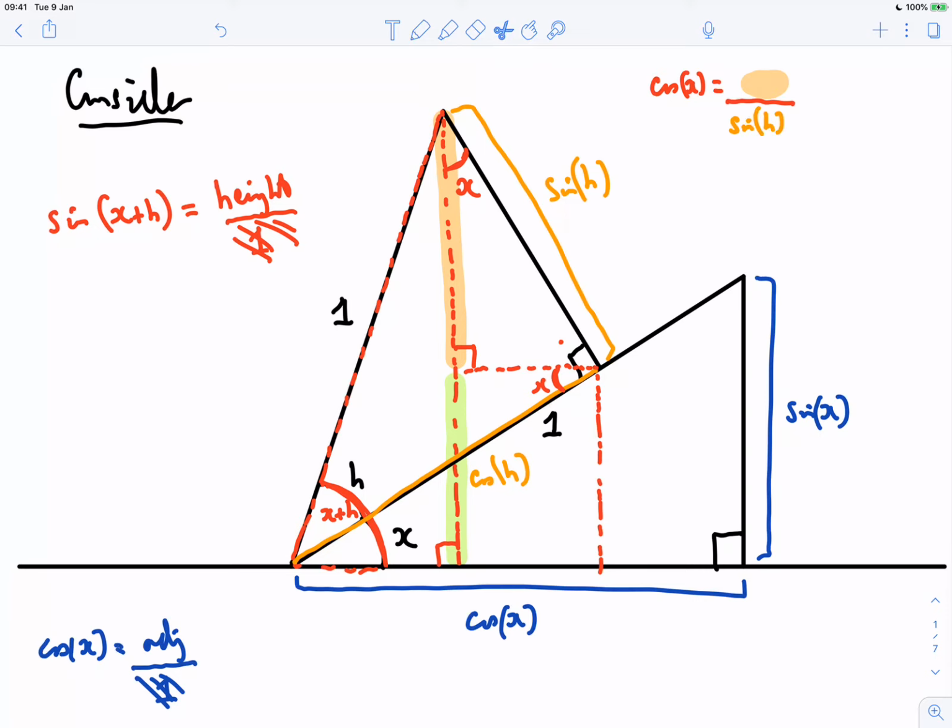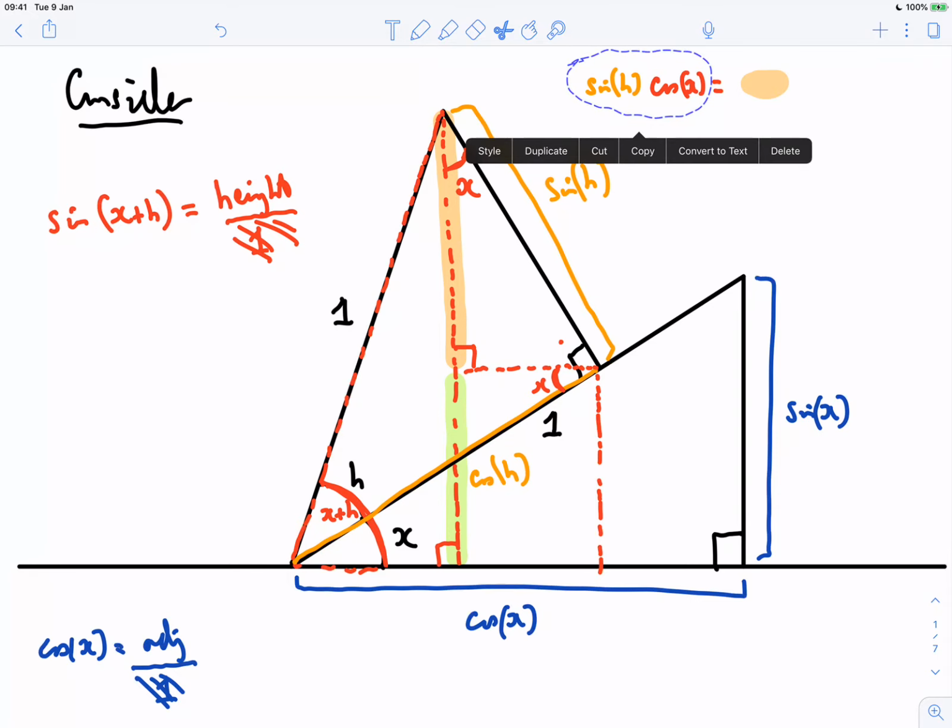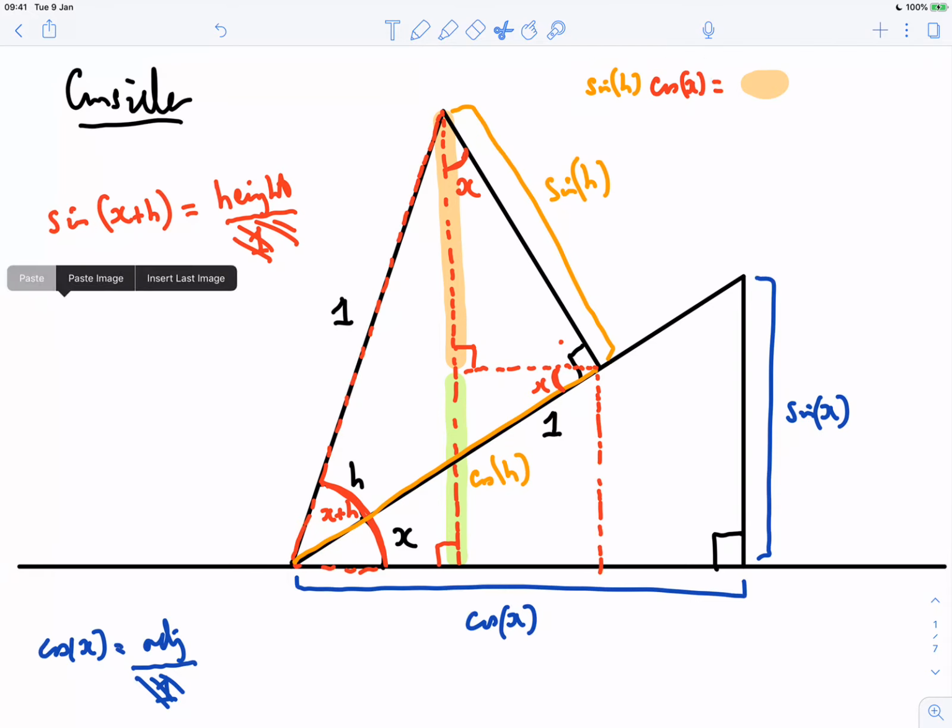So immediately, if I multiply by sine h both sides, then sine h times cos x is just that orange height bit. So I know that sine h times cos x is one part of the puzzle, so I can copy that down and put it here.